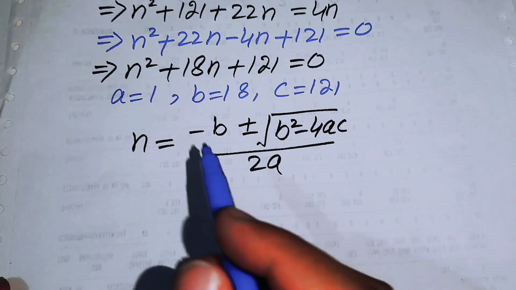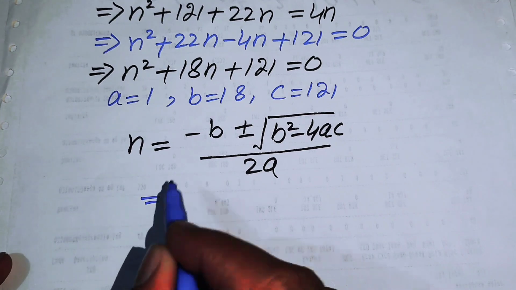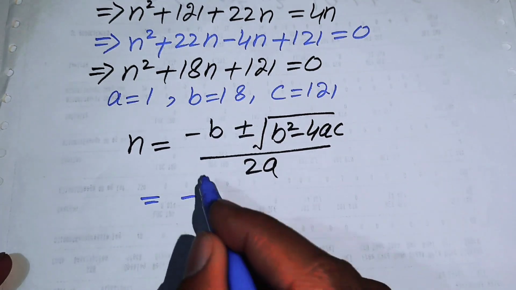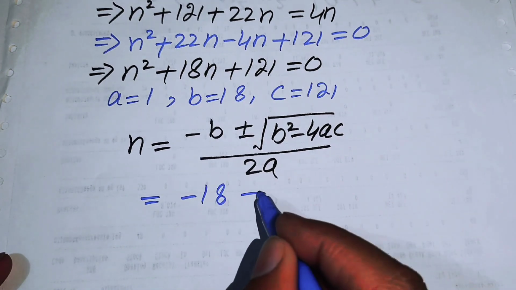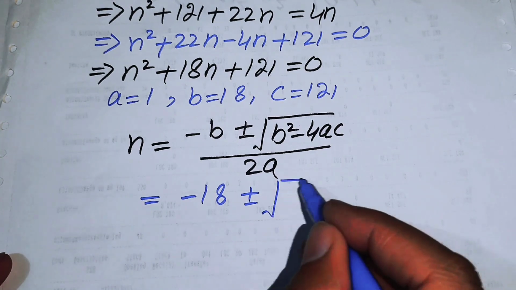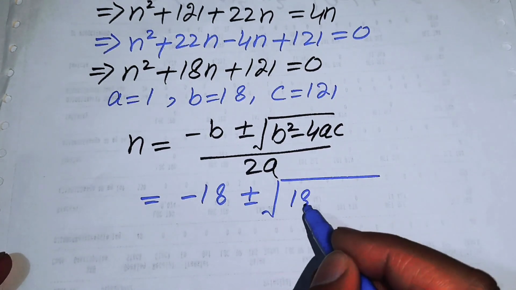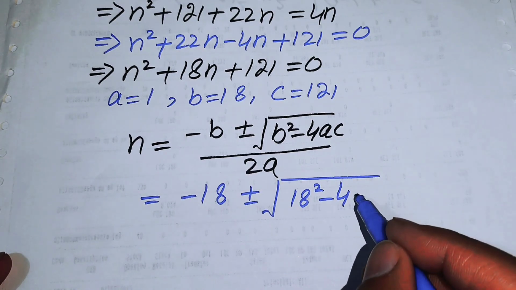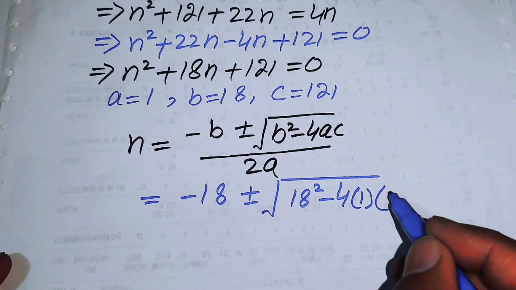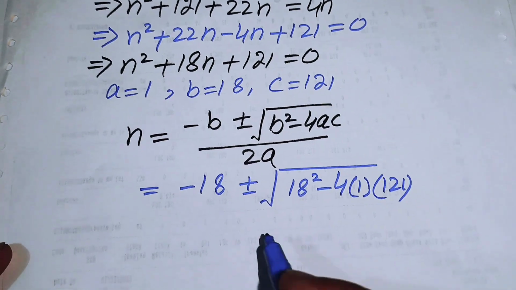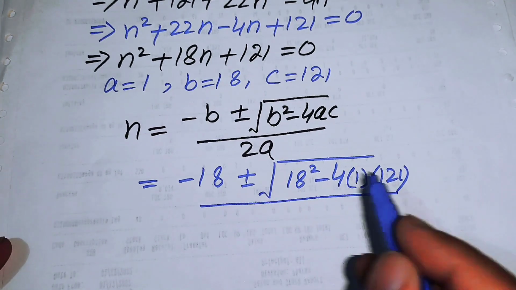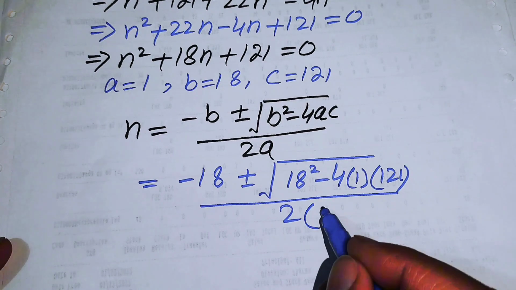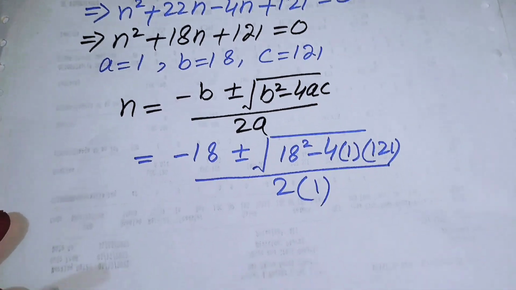This is known as the quadratic formula, and we use this formula to find the value of n. First we put the value of b, and we have b equals 18, so it becomes minus 18 plus minus square root of b squared, and b squared becomes 18 squared minus 4 times a, which is 1, and c is 121, and this whole over 2 times a, and a is 1.